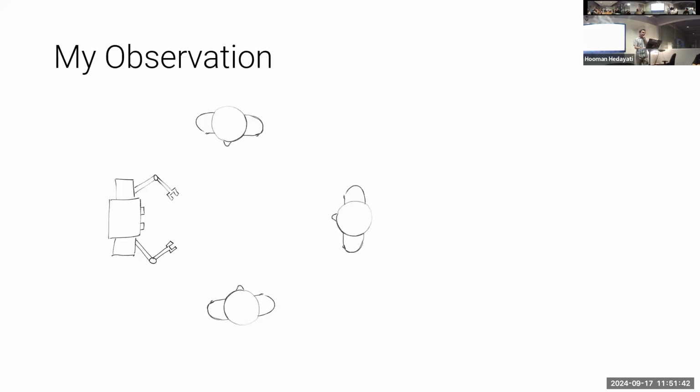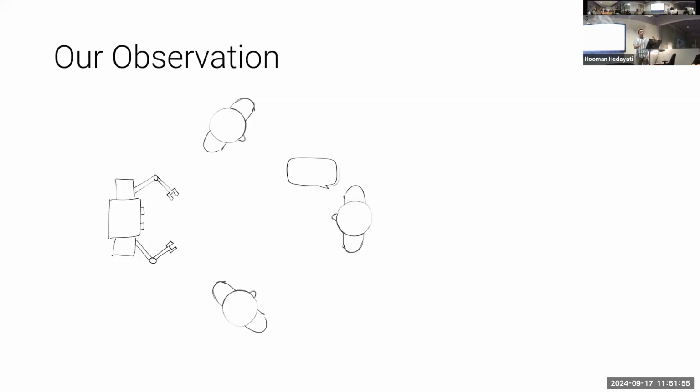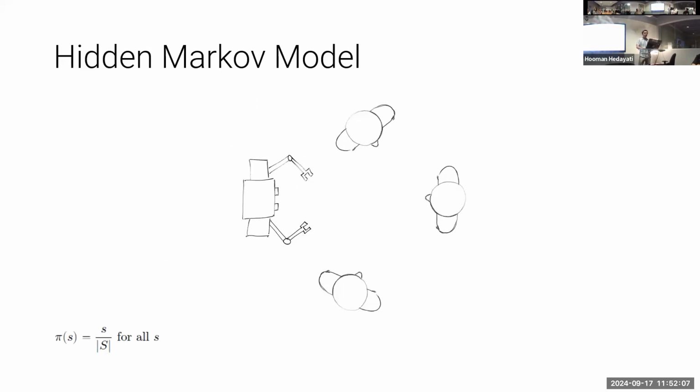So my observation was that whenever we have a person or an object that is the focus of attention, the other people in the party are going to shift toward that object and look at it. Based on that observation, we used a hidden Markov model to predict the focus of attention.